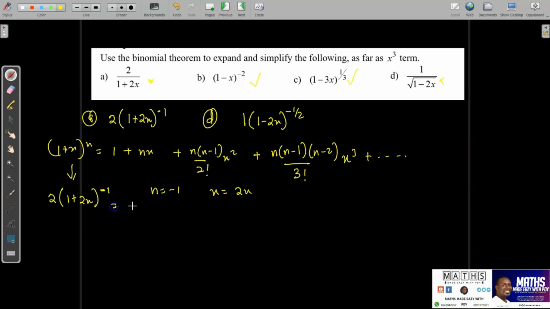So that's going to give us 2 multiplying, then we just substitute our expansion in here because this 2 is out.